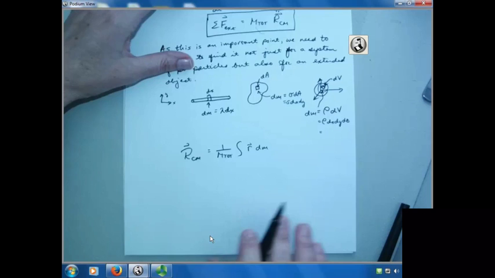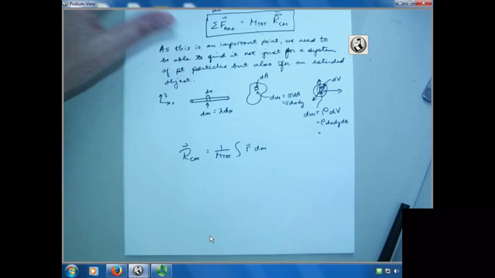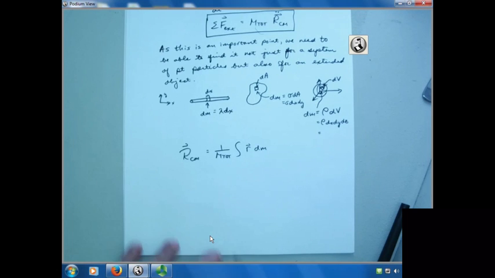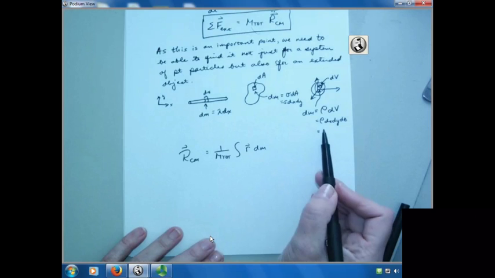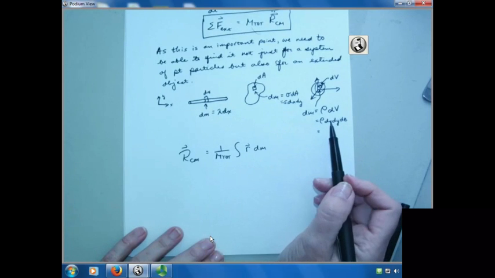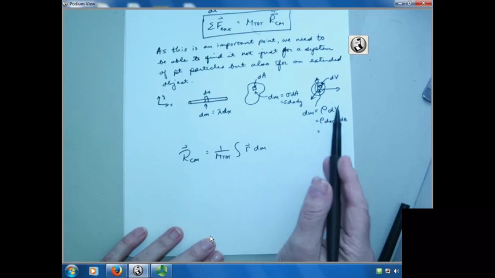Okay. And what dm will be depends on the dimensionality of your object. If it's a 3-dimensional object, you're going to use rho dV.